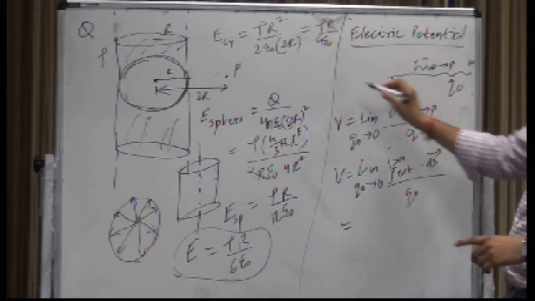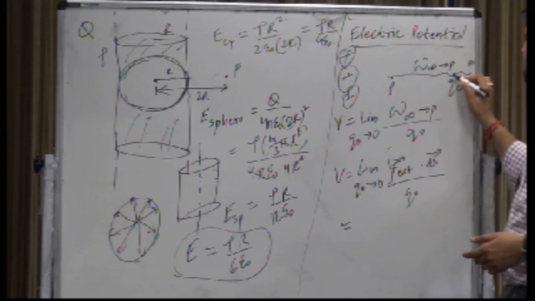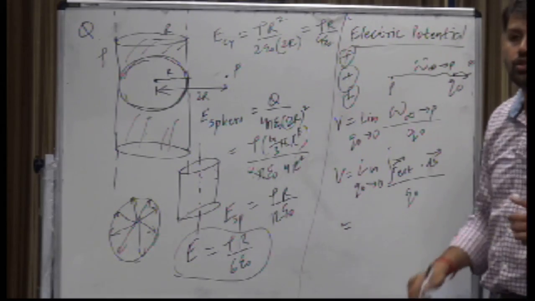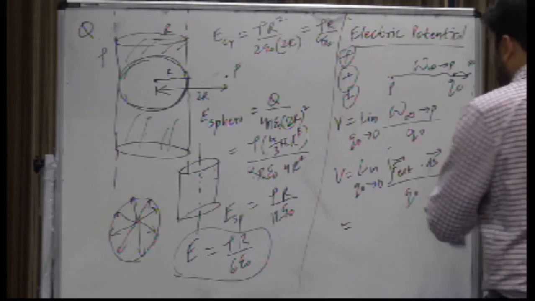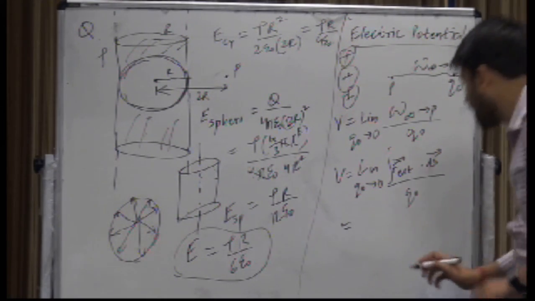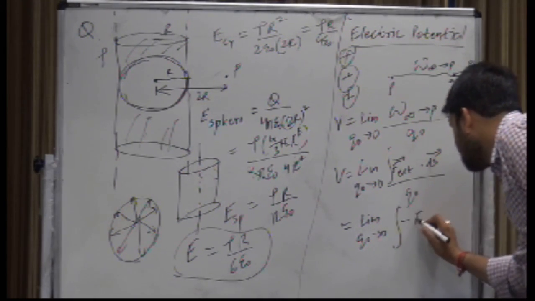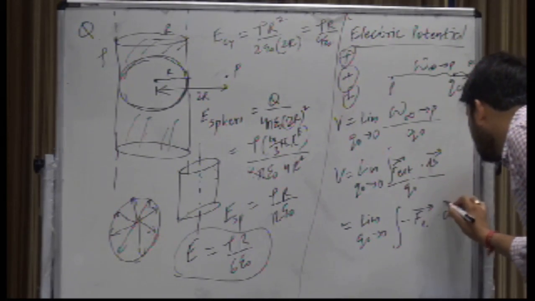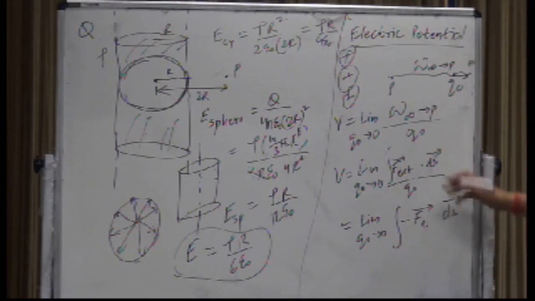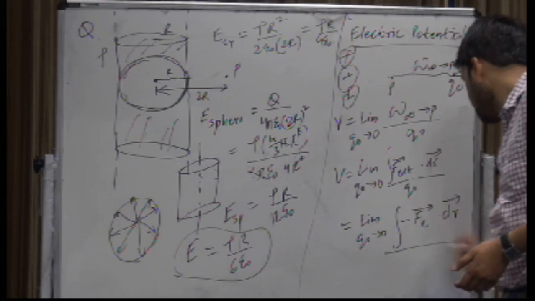And if there is a positive charge arrangement here, the test charge would be repelled. So you would be applying a force equal to the electric force but opposite in direction. So can I write this as limit q naught tends to 0, minus Fe dot ds vector, ds or dr, it is the same thing. Dr means change in position vector, which is displacement itself, right, upon q naught.